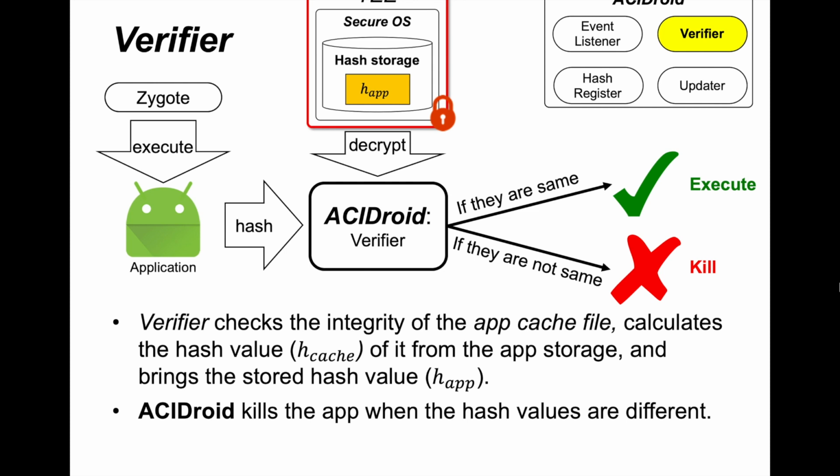If the calculated hash value is the same as the stored hash value, ACIDroid lets the application continue to run. If the hash values are not the same, ACIDroid kills the application because the different hash means the application file is modified.